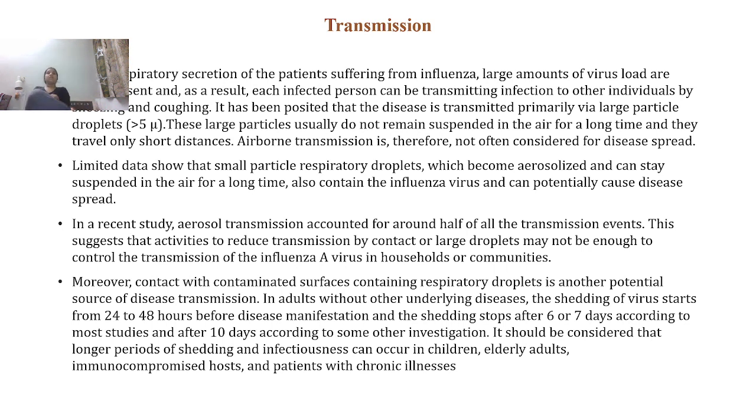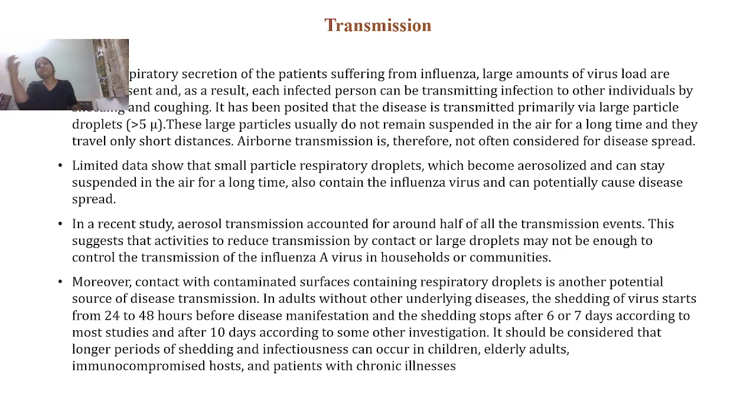I told you, whenever there is a distance of less than 1 meter between two persons, they can easily transmit this infection to other individuals by sneezing or coughing. And it is seen that they transmit this disease via large particle droplets that are greater than 5 micrometers.